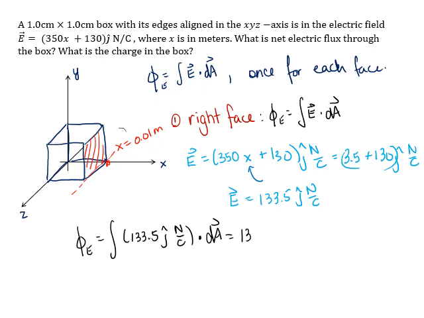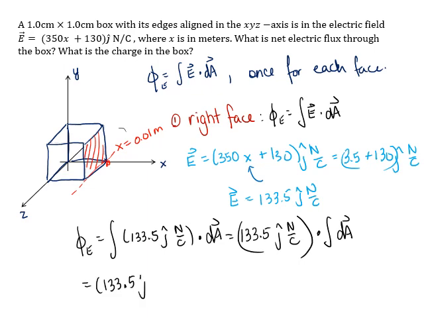So 133.5 J hat newtons per coulomb dotted with the integral of dA. The integral of dA is just the area vector. So now I've got 133.5 J hat newtons per coulomb dotted with the area of the right-hand face.